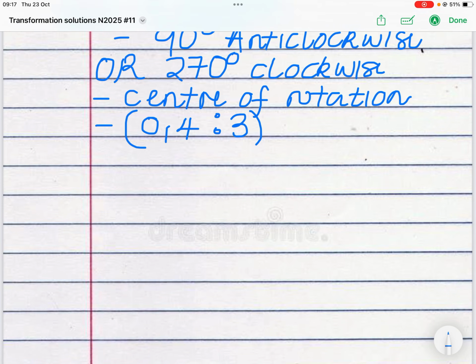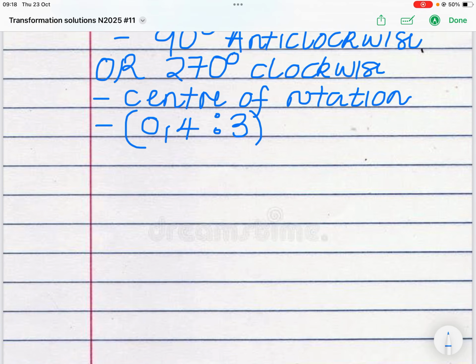So this one, I just illustrated how we need to find the center of rotation. It might not be the actual one, because I'll need to do the bisection using a compass. But in this case, I'm doing a screen recording. I can't use the compass, but I hope you understand how to find the center of rotation.